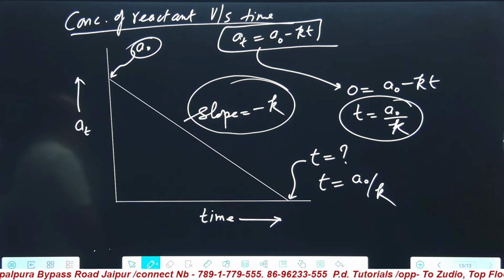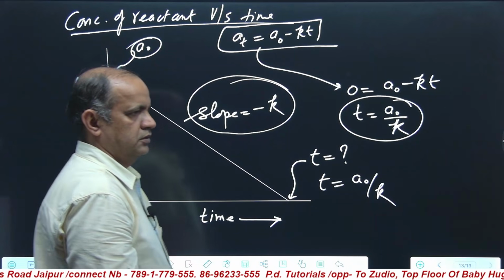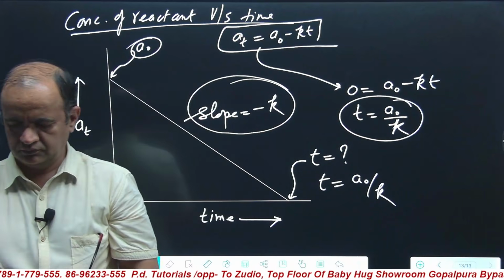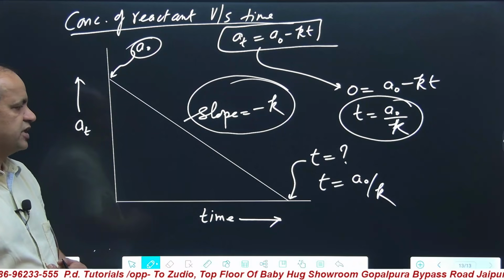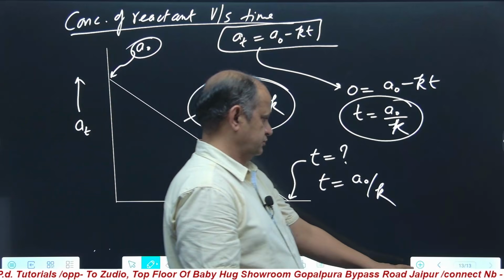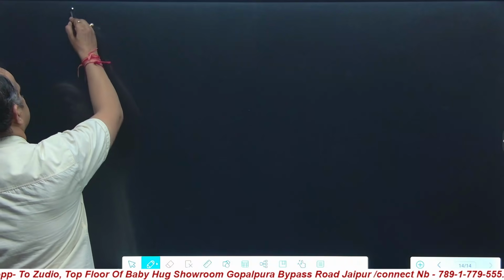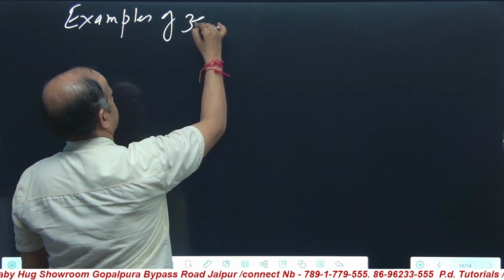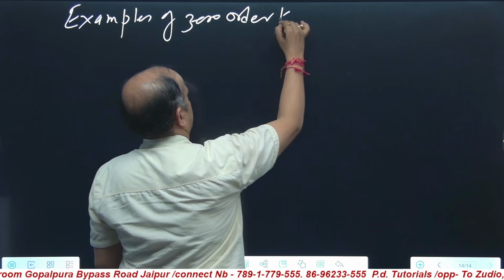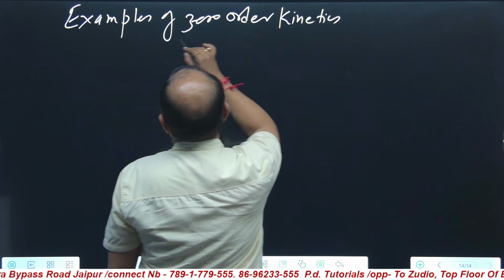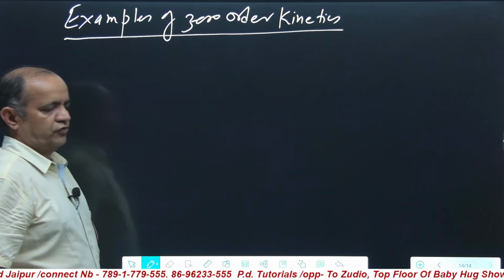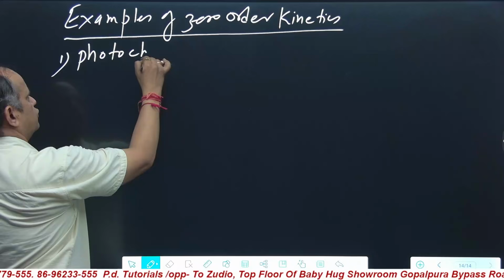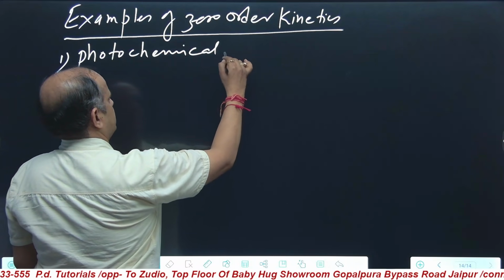You have studied zero order kinetics theoretical section in very detail. Let's take few examples of zero order kinetics. Number 1, photochemical reactions.